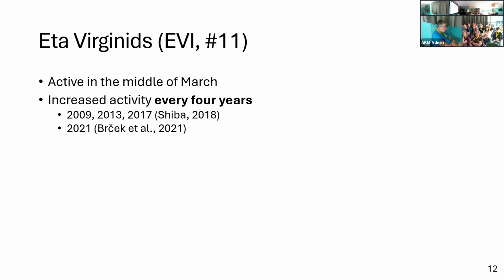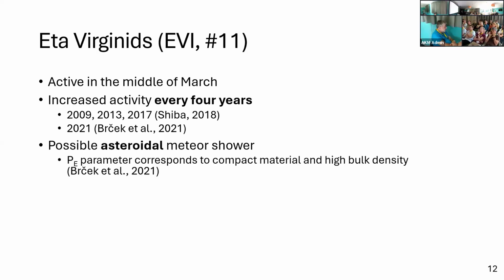Our Czech colleagues did work on this shower in 2021, and they went a little bit further than simply observing and counting Eta Virginids, but calculated the PE parameter, which is based not only on entry speed and terminal height, but these two observed values can be related to material strength.